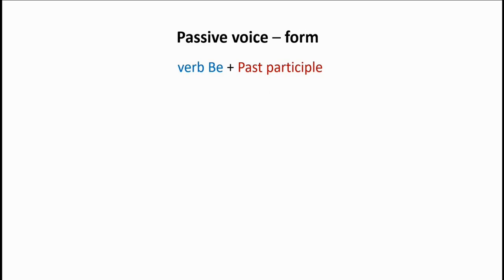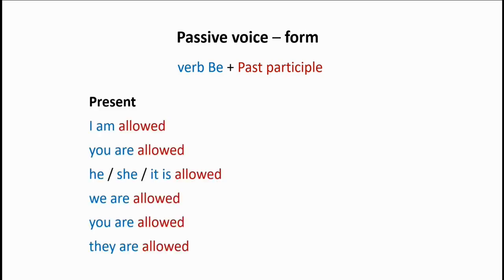So we have the verb be, and if we are in the present tense of the passive, the verb be will be in the present, followed by the past participle. You can see that here. I am.